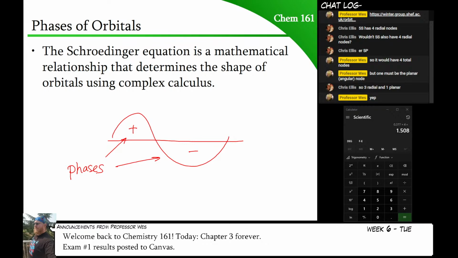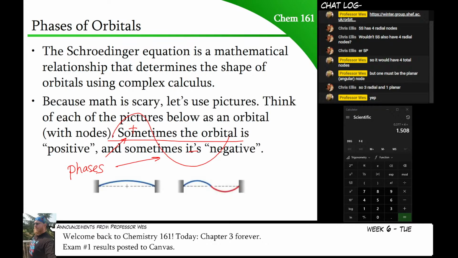So phases exist. This is really all you need to know, that for any orbital, it can be in the positive phase or the negative phase, depending on where the math shakes out from the equations that we have. And it is totally arbitrary. So down here with our n equals 1, everything here is positive.